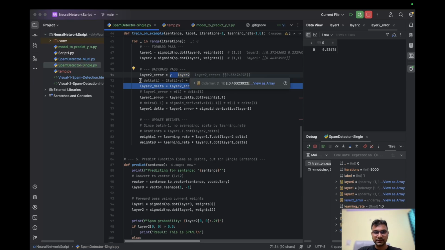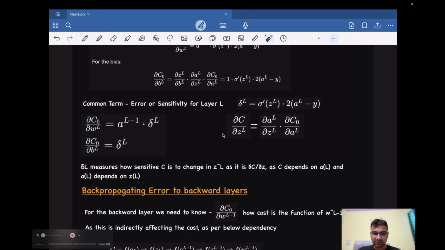So now this is the backpropagation part. In backpropagation, what we are doing is calculating the layer 1 error. We haven't multiplied with the activation yet. We are just calculating the delta of the previous layers. So we multiply weight into delta. That is this step here.